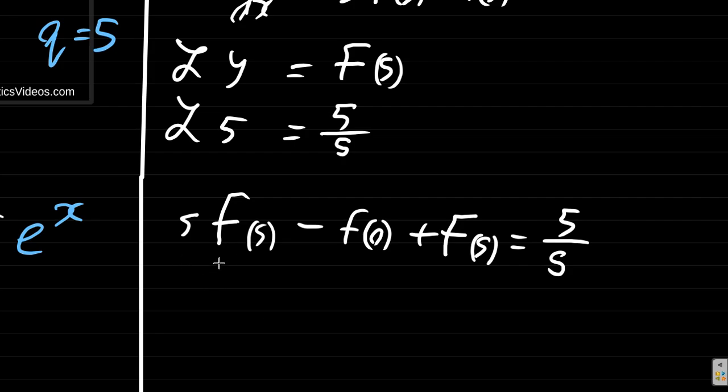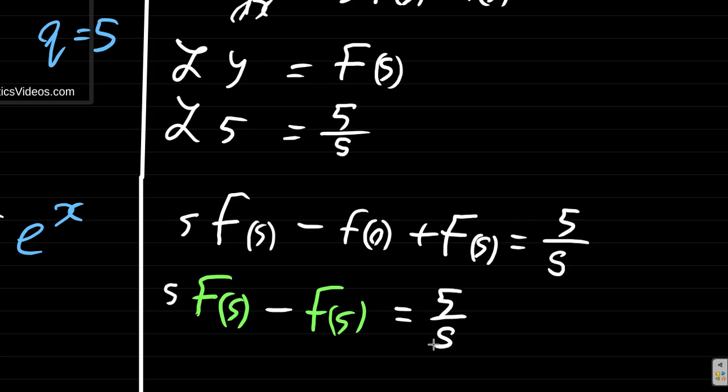So if we say s, big F of s is what we want to transpose for, minus big F of s equals, this is 5 over s.